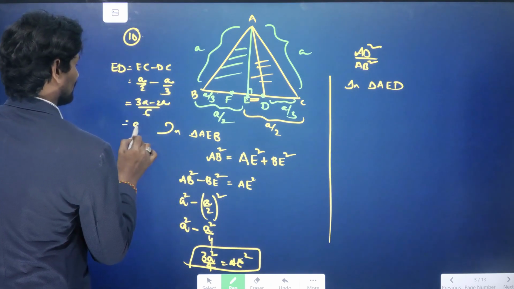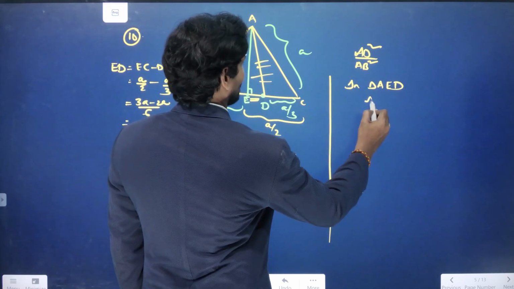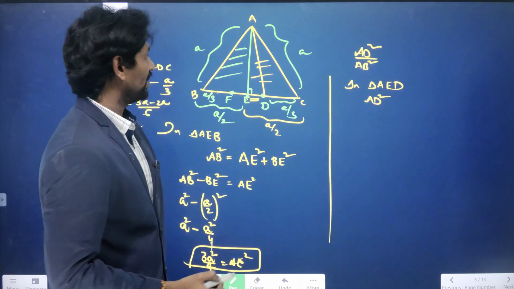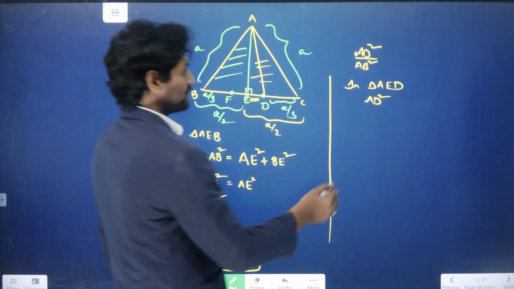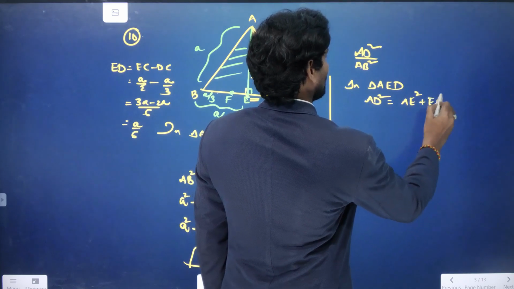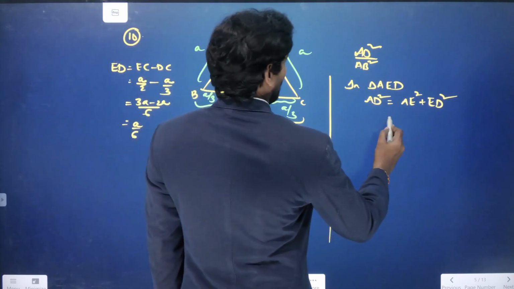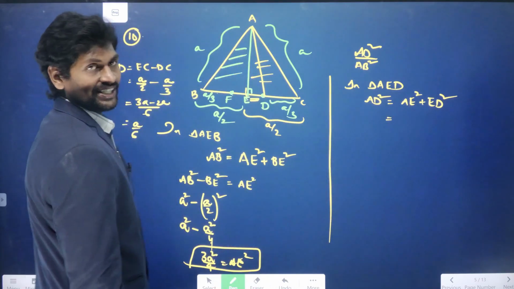Now in this triangle, again by the Pythagoras theorem, hypotenuse square AD square equals AE square plus ED square. AE square we already found as 3a square by 4.